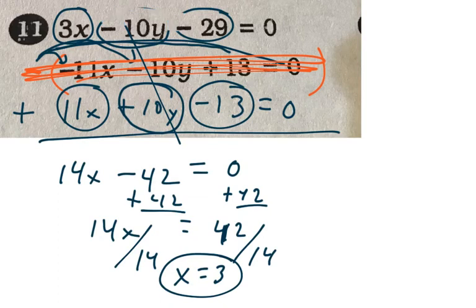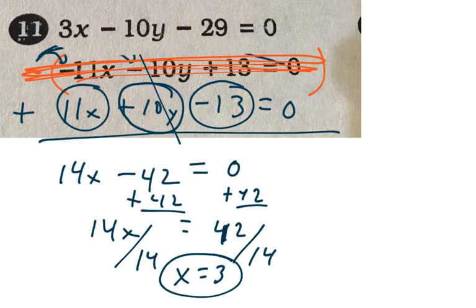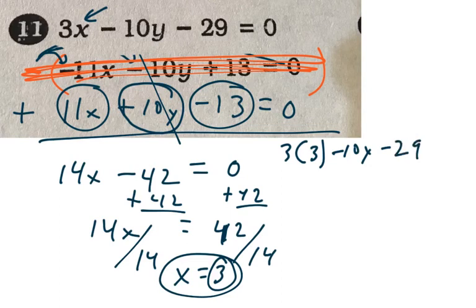Now I'm just going to go ahead, just for convenience sake, use this first equation here. And I'm going to plug that 3 in right there for x. So I'm going to end up, look right over here, guys, with 3 times 3, because I'm plugging this 3 in for x, minus 10y minus 29 equal to 0.